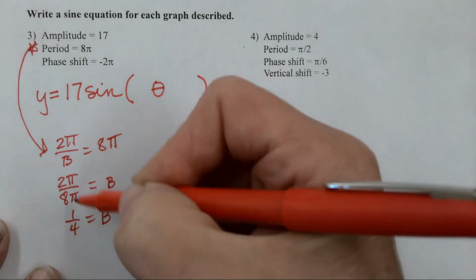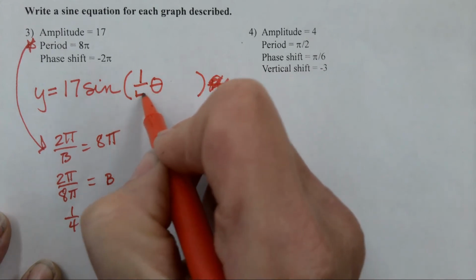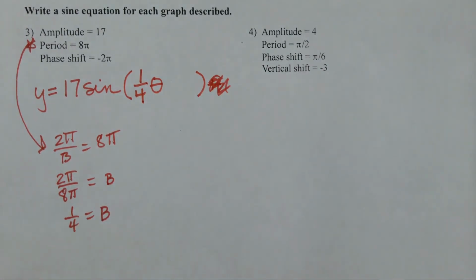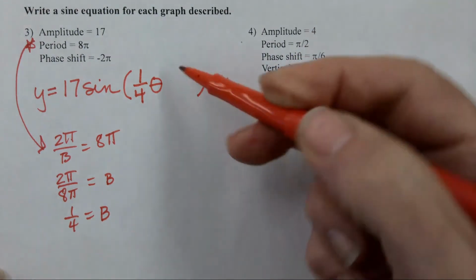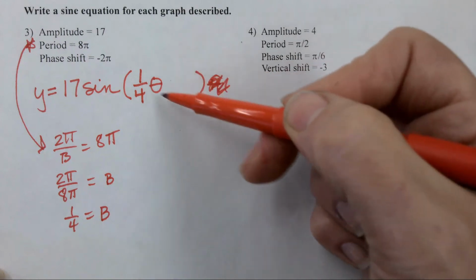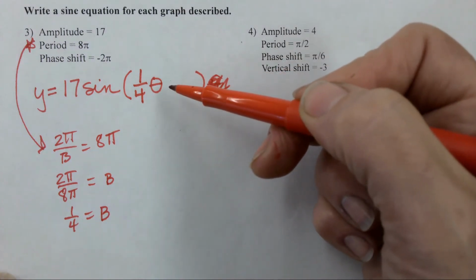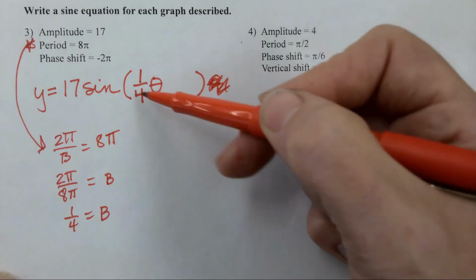Remember, the pi's will cancel out, so 1/4. So I can stick that right in front of theta. What's another way we would write this? This part here, 1/4 theta, how else would that look? Theta over 4. Do I have to write it as theta over 4? No. You can leave it just as 1/4 theta.